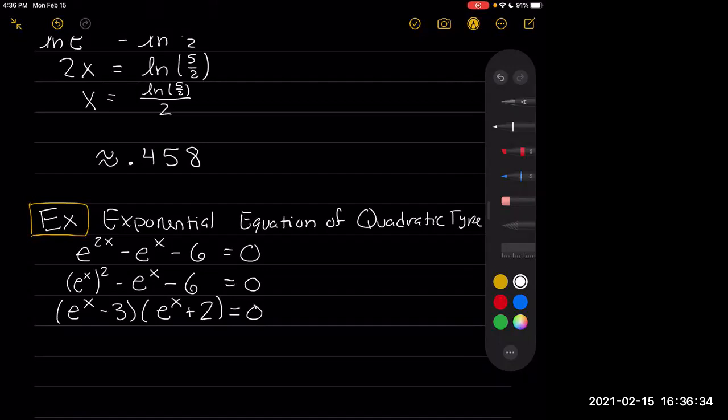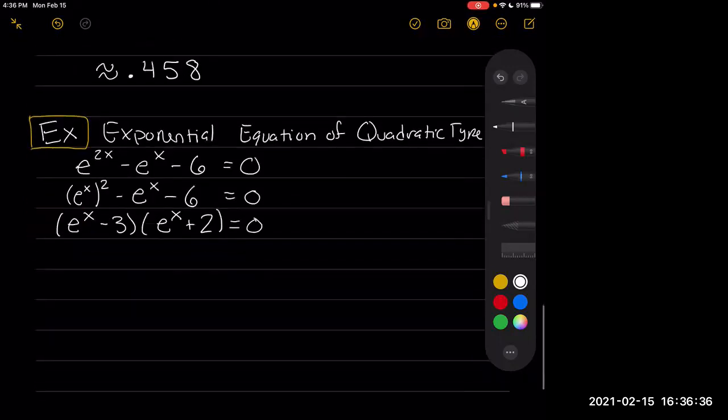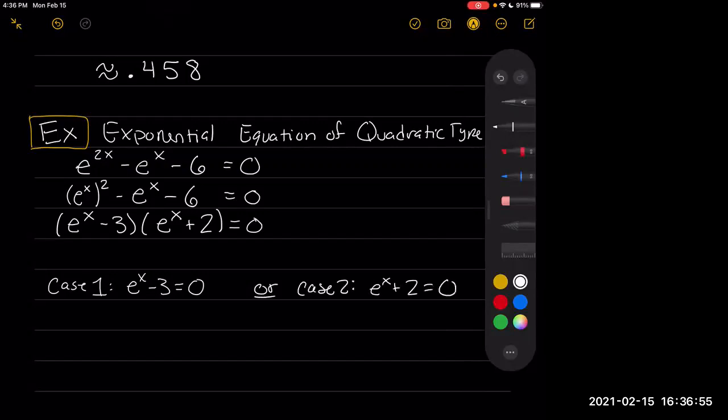So now we have two cases. We have case 1, which is e^x minus 3 equals 0, or we have case 2, which is e^x plus 2 equals 0.